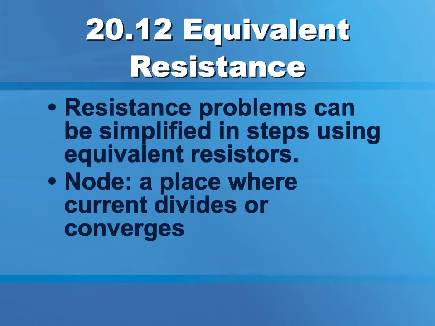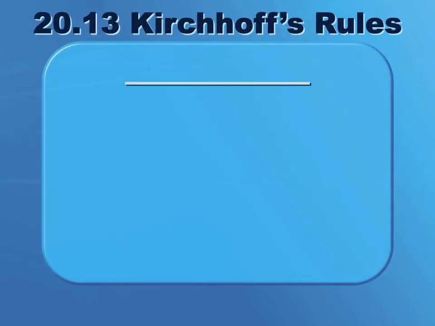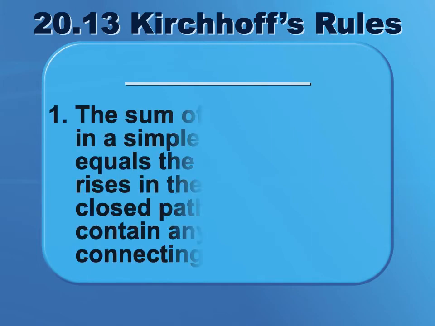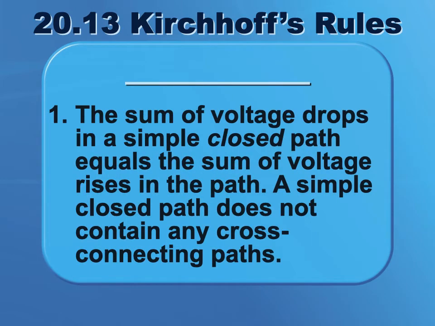Okay. I'm going to give you Kirchhoff's laws. I realize these are kind of redundant. We've already talked about these. The sum of voltage drops in a simple closed path equals the sum of voltage rises in the path. Okay, so in other words, the things that raise the voltage, a battery or electrical source of some kind, raise the voltage.